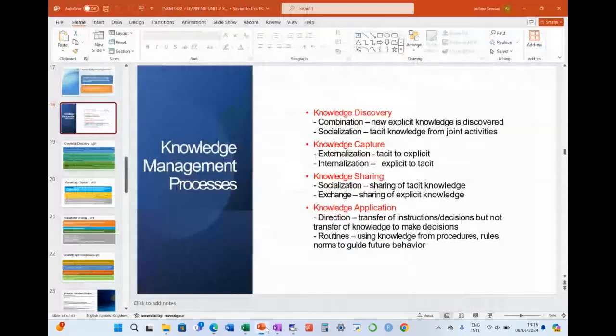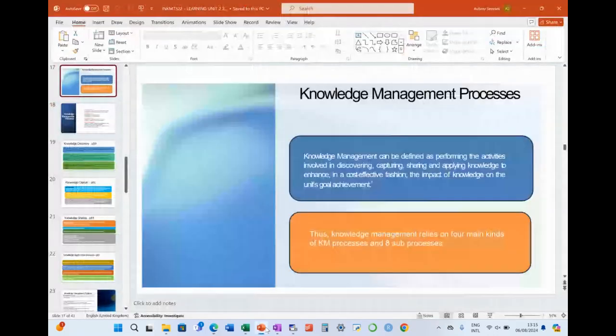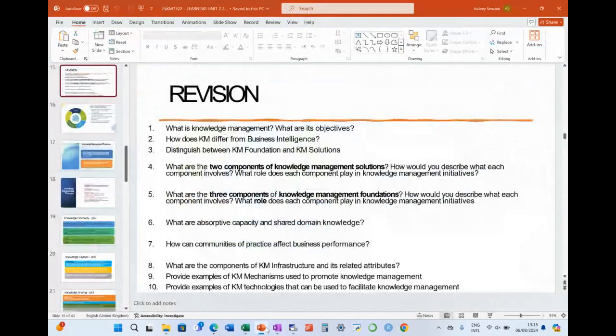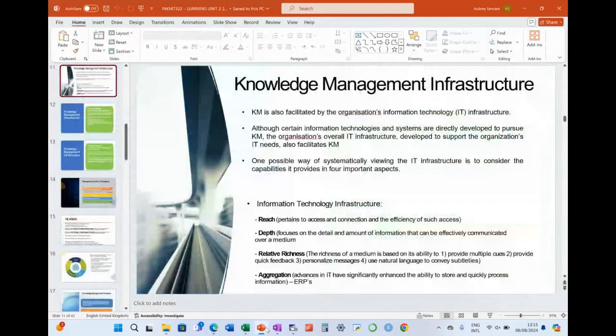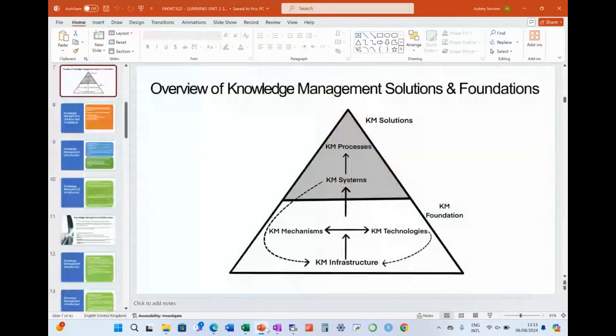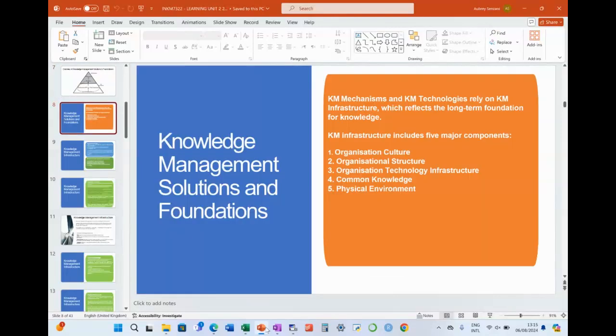So yesterday when we spoke, we just went over the knowledge foundation, and we also went over the knowledge management solutions, right? But we particularly only spoke to knowledge management infrastructure.